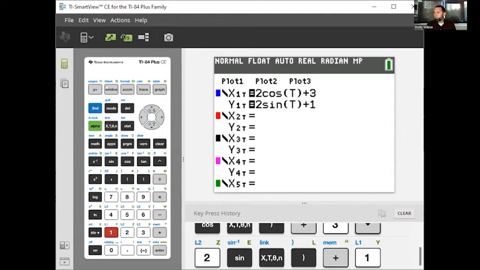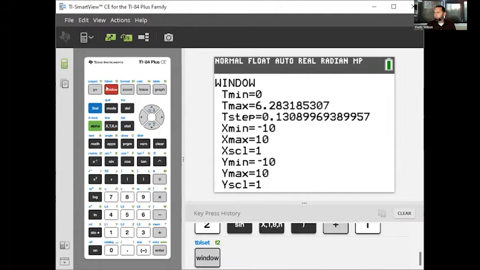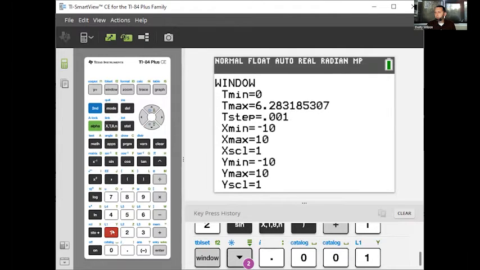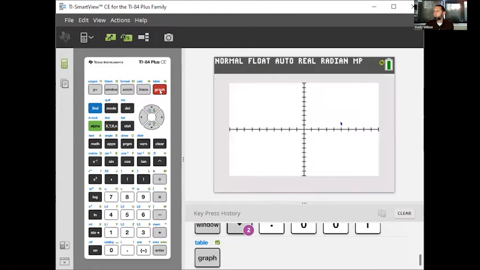And I'm going to check my window. My window is the default -10 to 10, -10 to 10. I'm going to change my step size to be very small. This will impact the speed at which the graph takes place. This is probably still going to be too fast for what I want. So let's graph. Oh, there it goes.